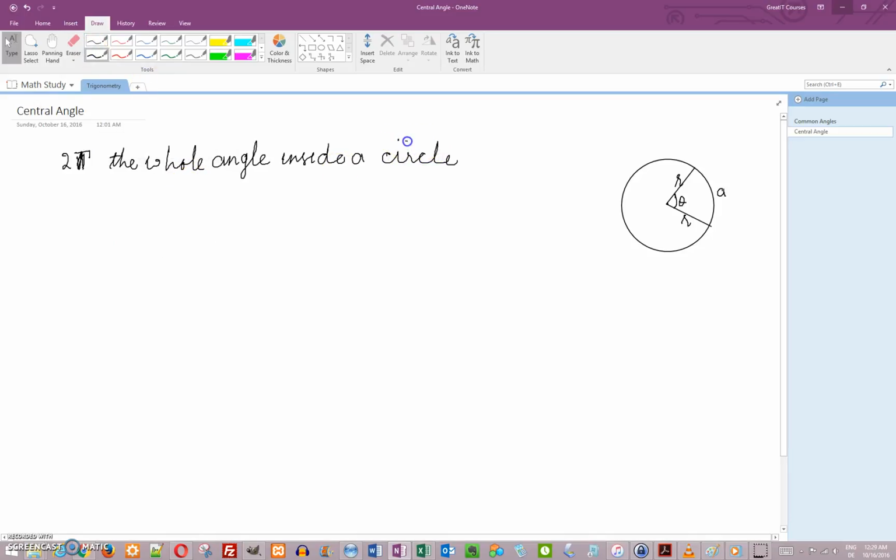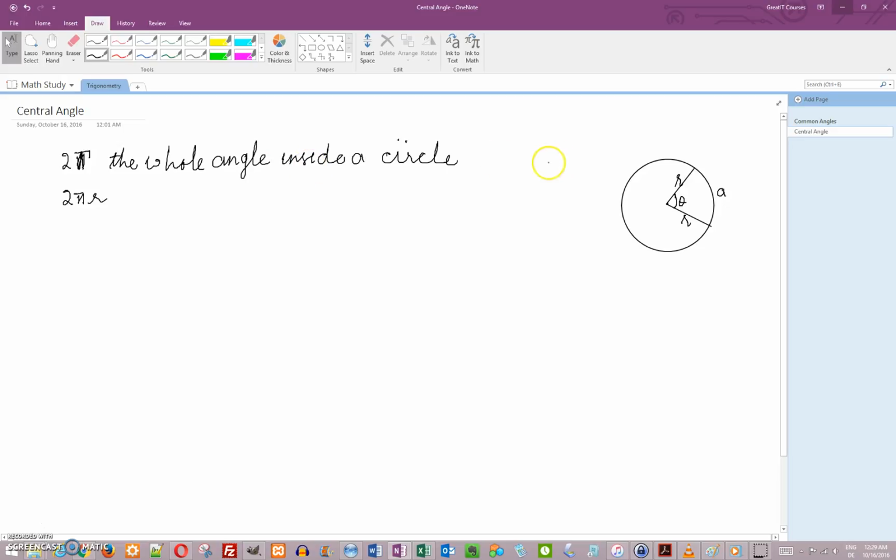Inside the circle you have an angle of 2 pi, and the arc subtended by an angle of 2 pi is the whole circumference of the circle, which is 2 pi r. We already know that.